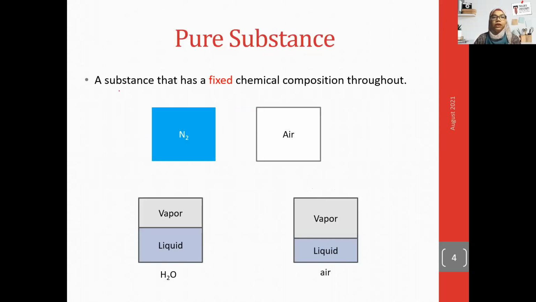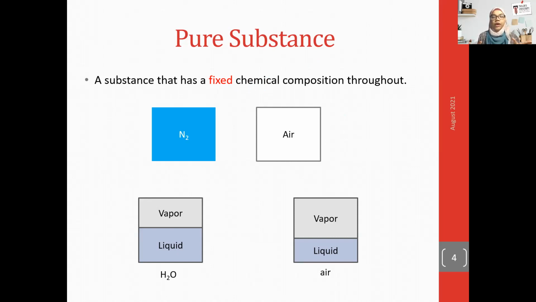A pure substance is a substance that has a fixed chemical composition throughout. For example, if in one vessel we have nitrogen, it contains only nitrogen inside the vessel. So we can classify it as a pure substance because we know the chemical composition inside this vessel. How about if that vessel is replaced by air?